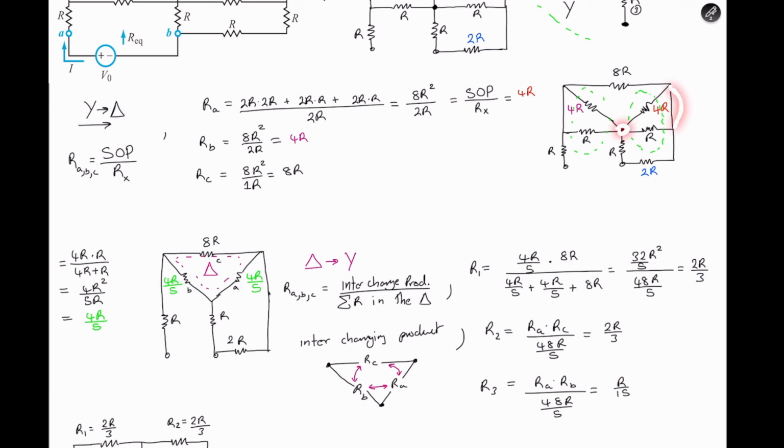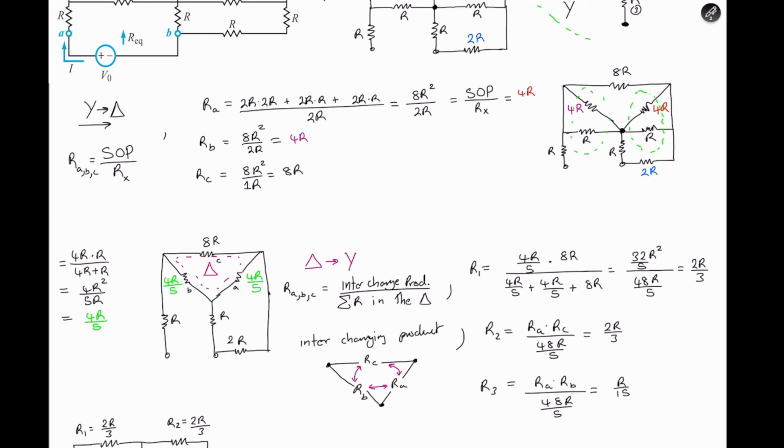For two resistors in parallel, the equation is R1 times R2 over the sum of the resistors.